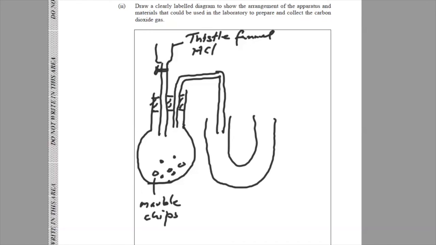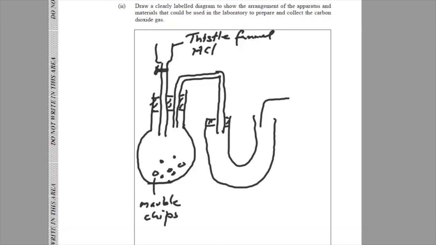Then we're going to seal, of course. So this is sealed here. We don't want the gas to escape. And then we'll have another delivery tube.